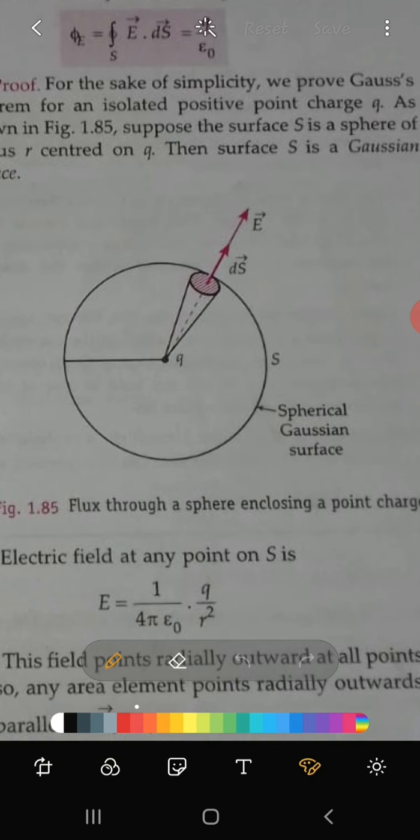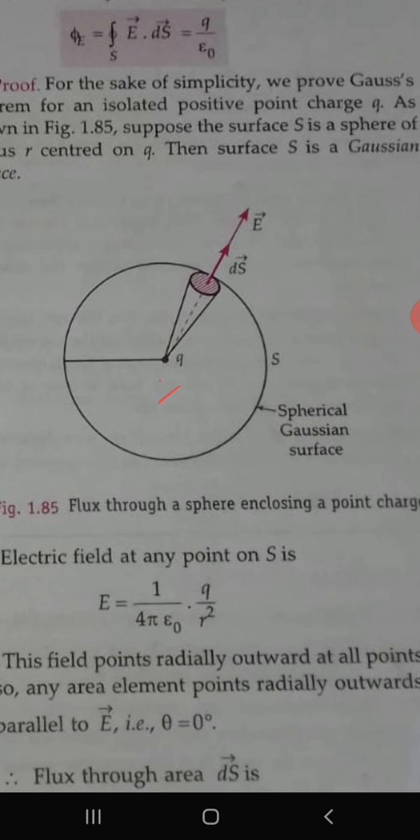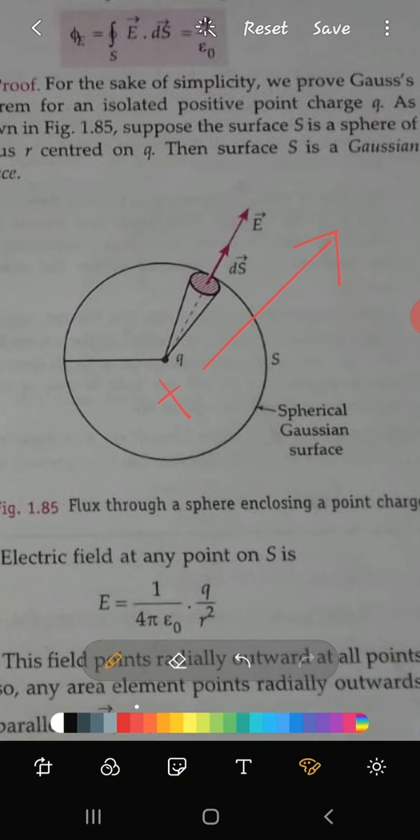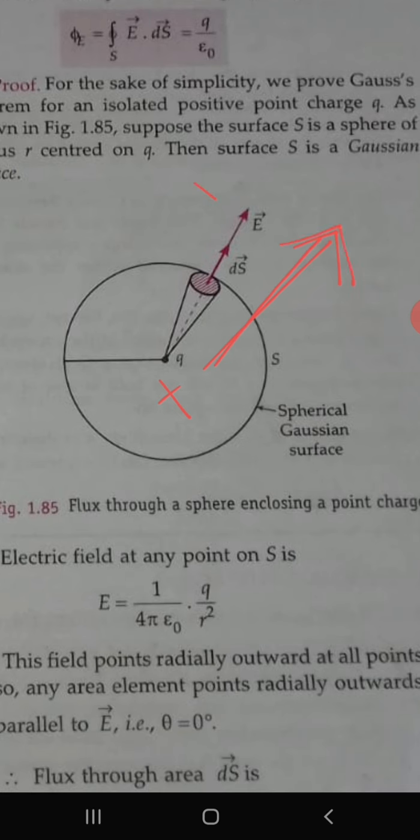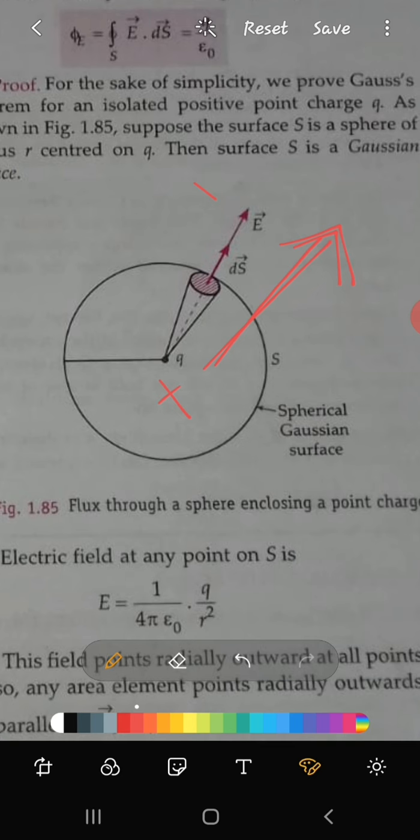As we know, the electric field due to this positive q charge is radially outward, according to the property of a single isolated positive point charge. The direction of the electric field is given here. It is radially outward, away from the center of the Gaussian surface.